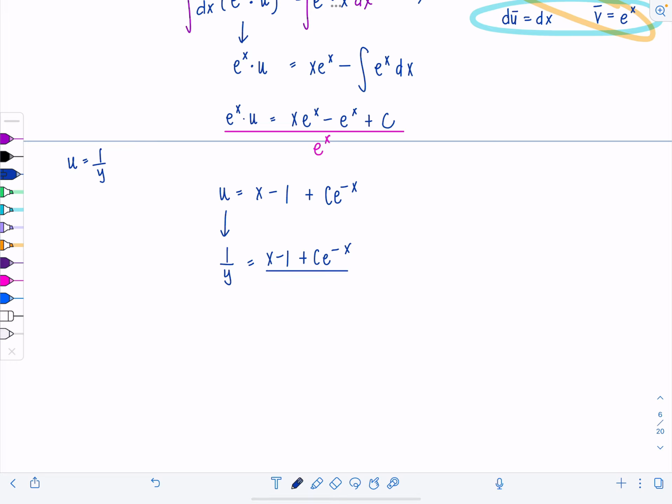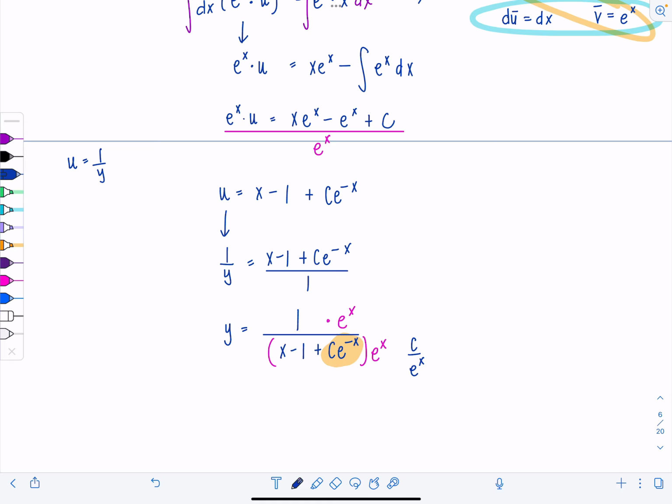This is over 1, so then flip both sides. y equals 1 over x minus 1 plus c e to the negative x. And you don't want to leave your final answer this way, because technically it's an improper fraction, since c e to the negative x is c over e to the x. That's a no-no. So we're going to multiply everybody by e to the x.